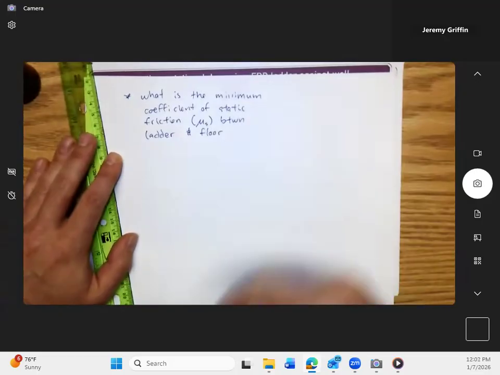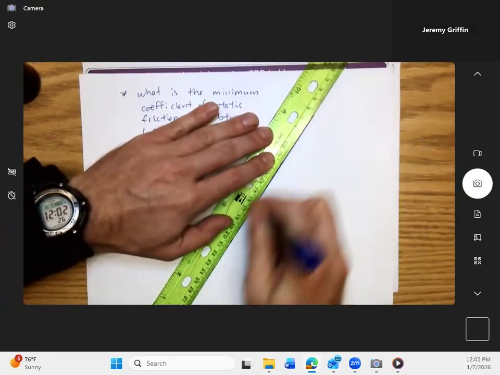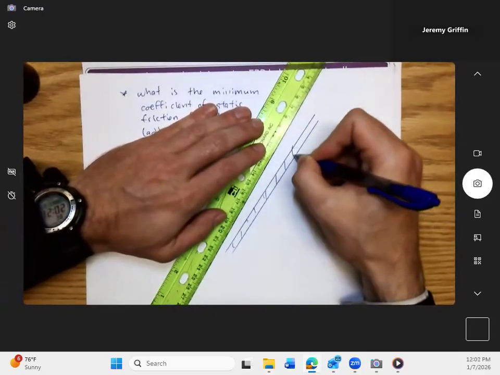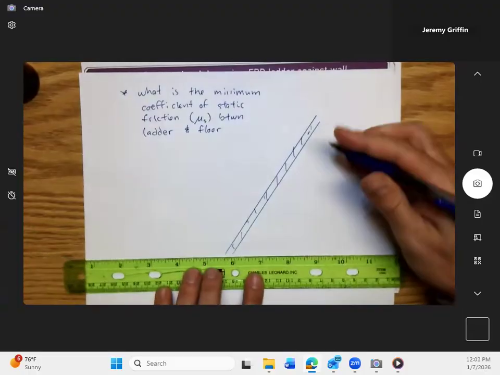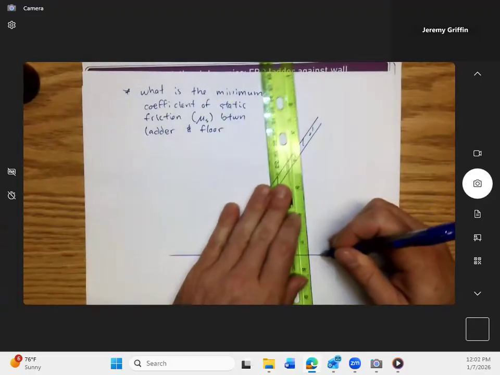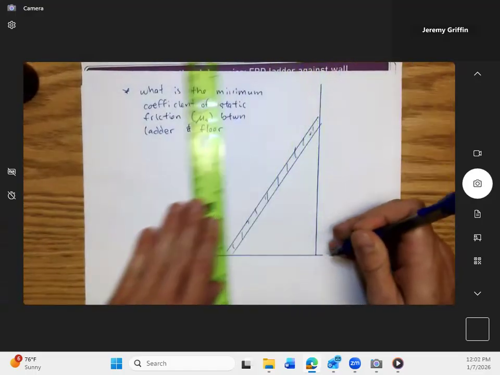Yeah, we're going to call the wall frictionless. Okay, let's just go ladder to the floor. And so I set up a ladder here. Here's your ladder. Between the ladder and the wall, no, the ladder and the floor. There's zero friction with the wall. That's a common simplification to make with this particular question.